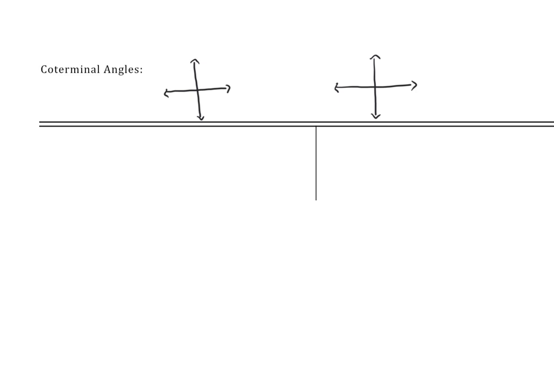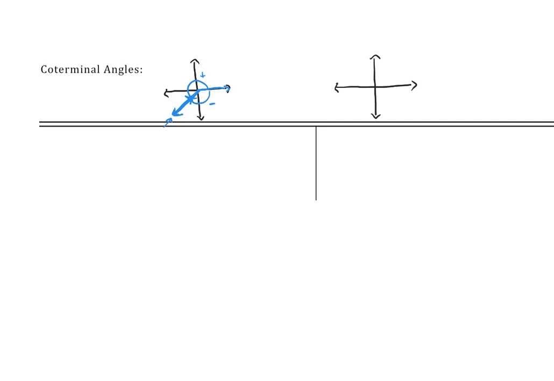Okay, and the last part of this lesson is just the vocab of a coterminal angle. And it's pretty easy. So let's say I have this angle right here. So coterminal, here's the terminal side. I could either have the positive angle there or the negative angle here, and both of them share that terminal side, the same location.